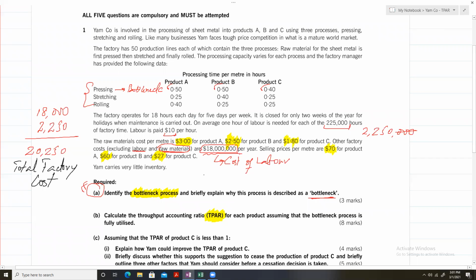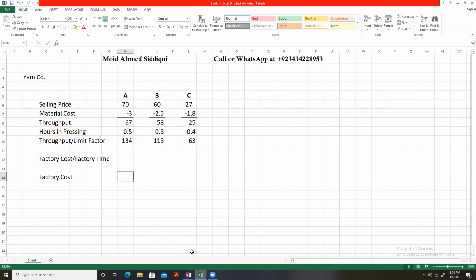Now, what do we need to find out? We need to find out total factory cost per factory time: factory cost divided by the factory time. How much is the total factory time? The total factory time is 225,000 hours.